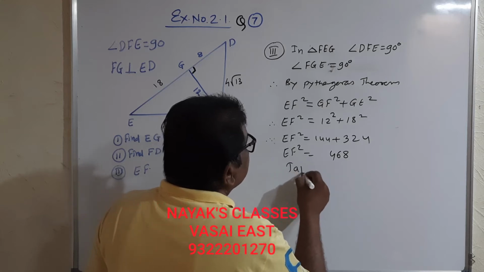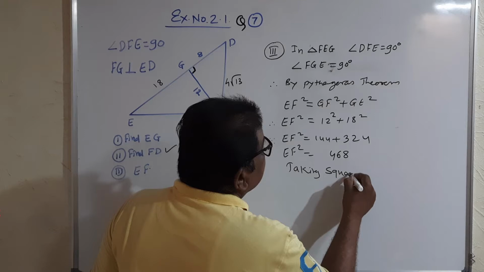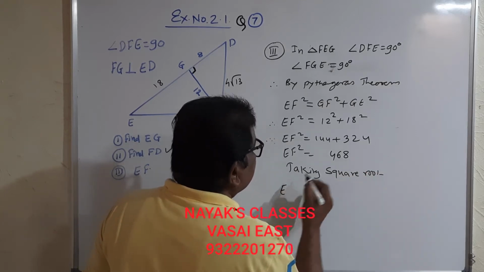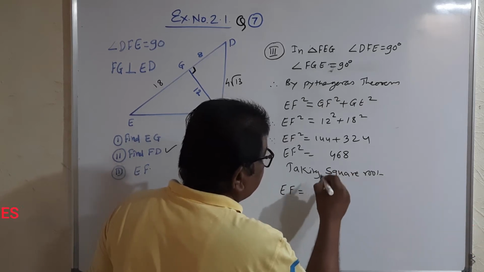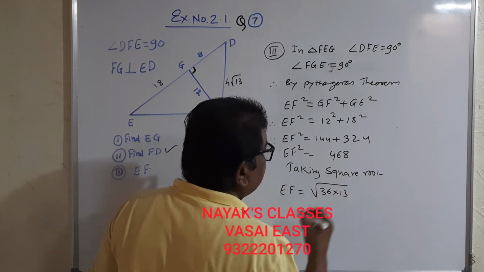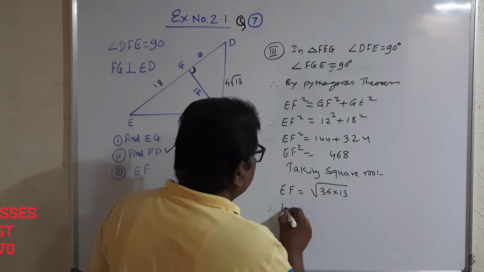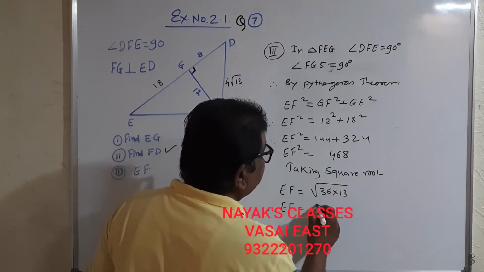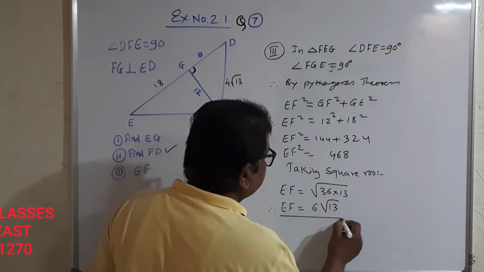Taking square root, EF, it is not a perfect square, so EF is equal to root of 36 into 13. Therefore, again EF is equal to 36 square root is 6 and under root is 13.